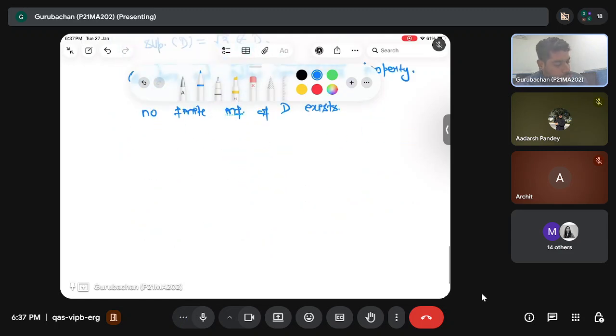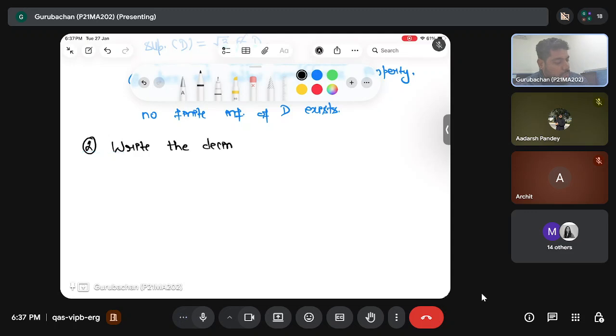Now one simple example, or you can say exercise. Write the decimal representation of 1 by 9.